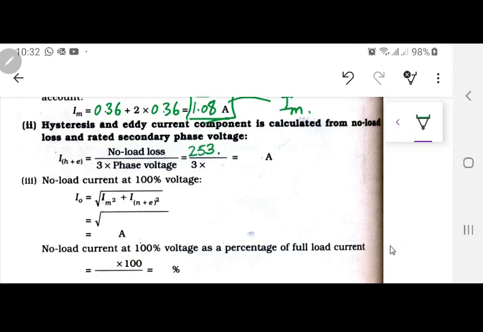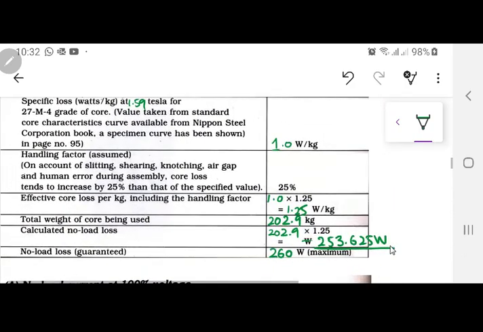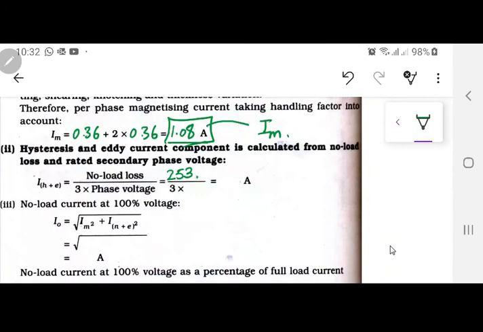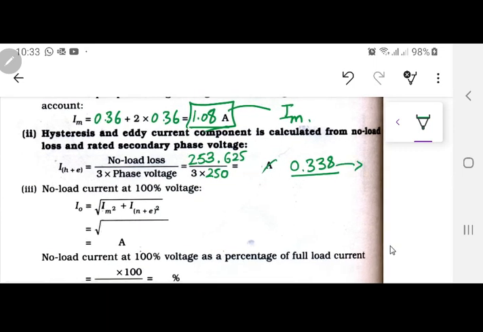Point. Please beta. 253.6625 divided by 3 into phase voltage of 250. Give me the answer. 0.338 over here. Now you have this one is I hysteresis plus eddy.